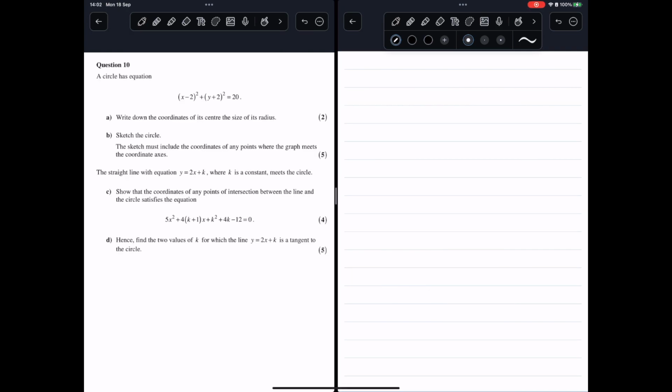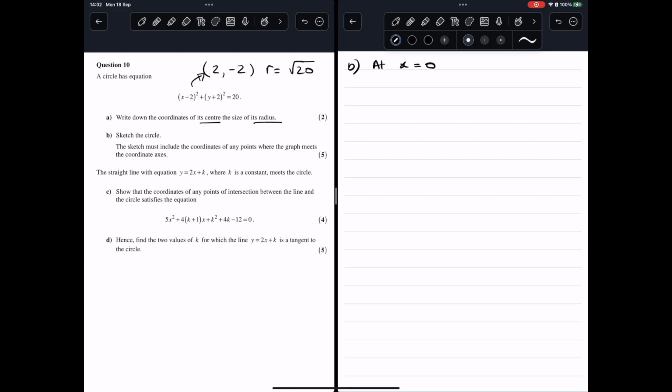Now for question number 10, you're given an equation of a circle and you need to write down the coordinates of the center and the radius. That's quite simple: it's 2 comma minus 2, and the radius is the square root of 20. Now we need to sketch the circle, writing down all the coordinate axes. First I'll work out where the circle crosses the y-axis.